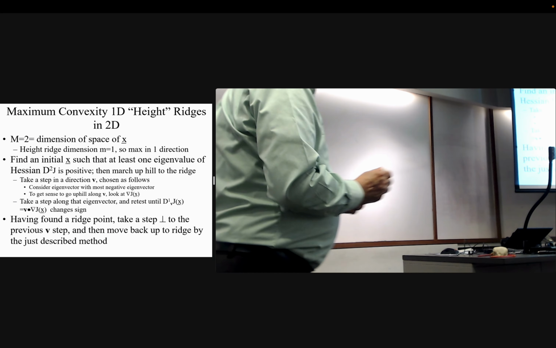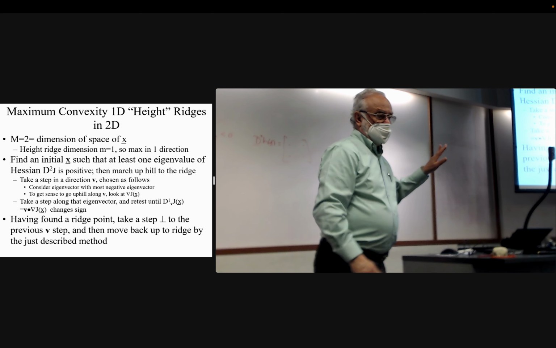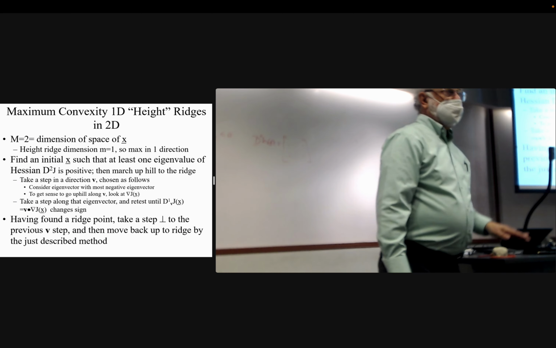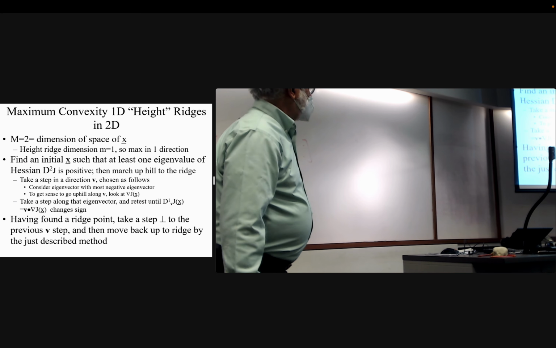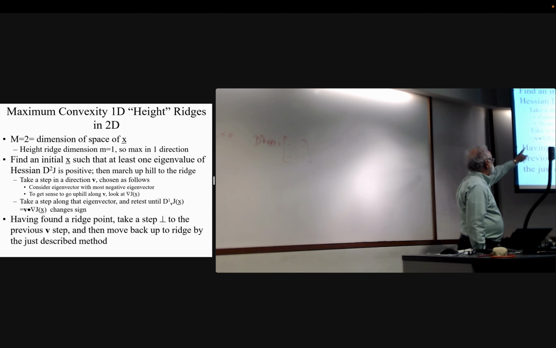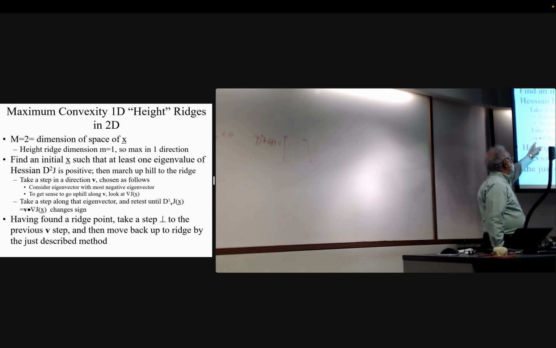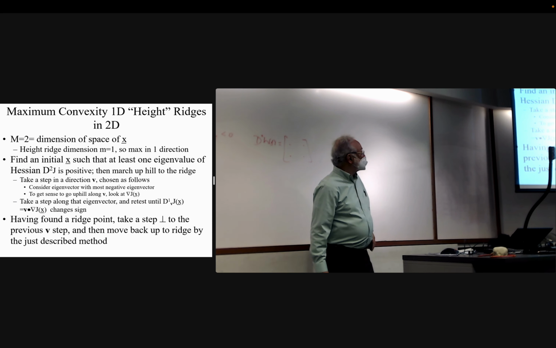So we're going to go, if you will, uphill in that direction that had the most negative eigenvalue. And as you look at that, you look at the first directional derivative in that direction, which is v dot grad of h, called j here.